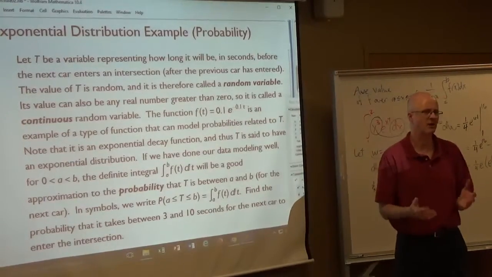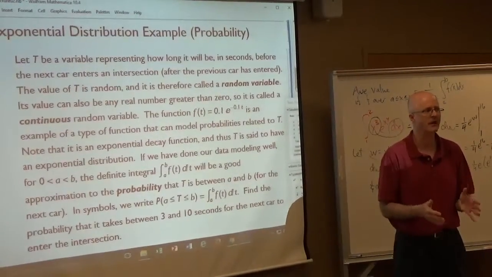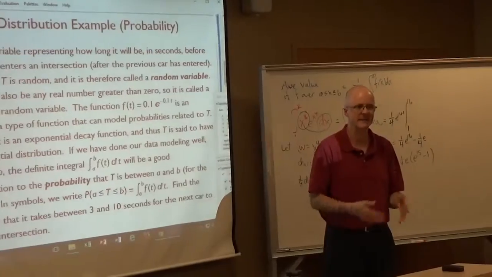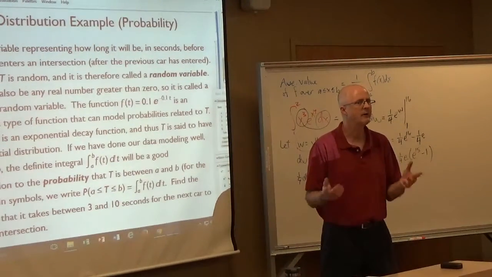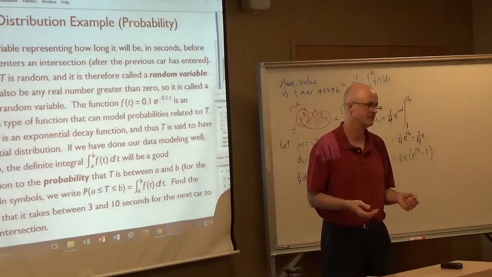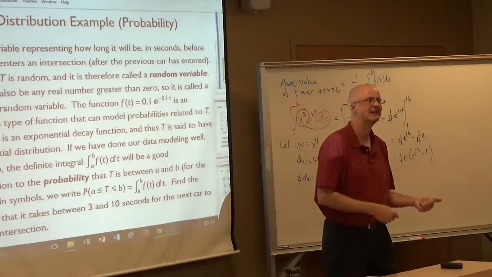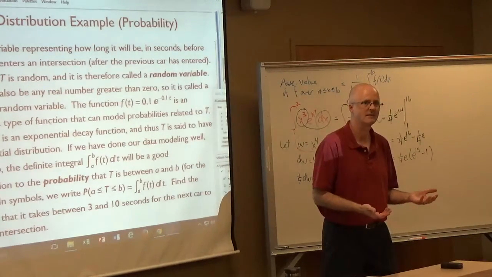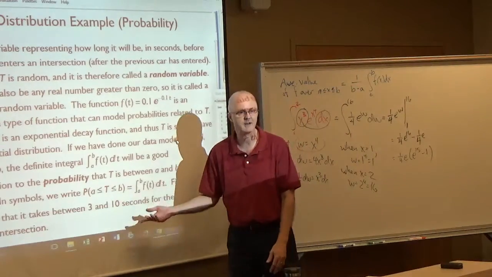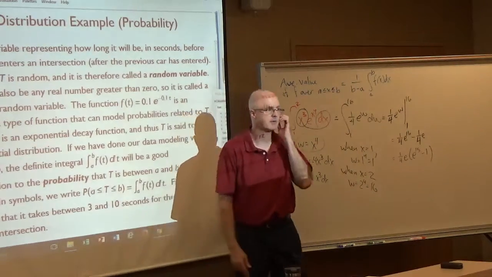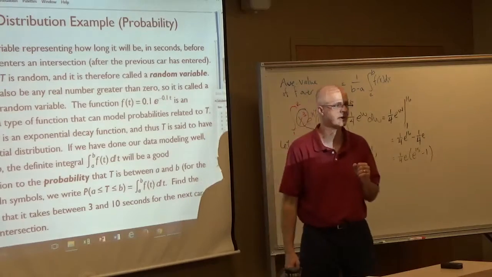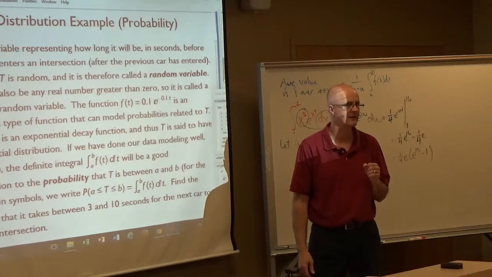Probabilities in this context are always numbers between 0 and 1, like 0.2 or 0.3 or 0.7 or 0.9, though you can think of them as percentages. If the probability is 0.9, that's the same as 90%. It's a 90% chance. If we get a 0.9 here, it's a 90% chance that it's going to take between 3 and 10 seconds for the next car to enter the intersection. Okay?